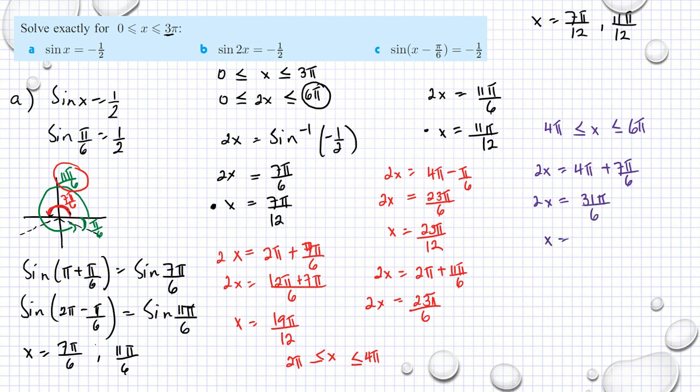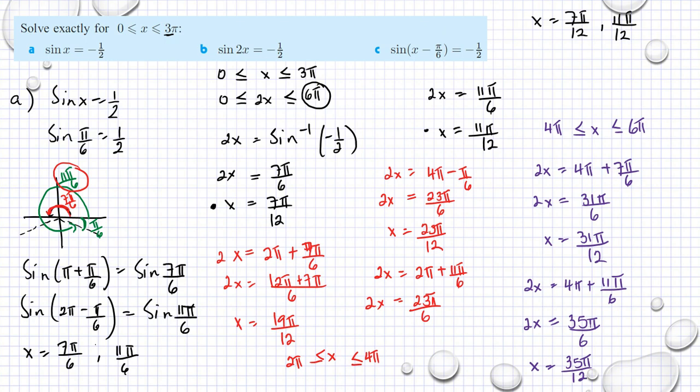So our x now is equal to 31 pi divided by 12. Another, we have 2x is equal to 4 pi plus 11 pi divided by 6. Then we have 24 plus 11, that's 35 pi divided by 6 for 2x. Our x now is equal to 35 pi divided by 12.